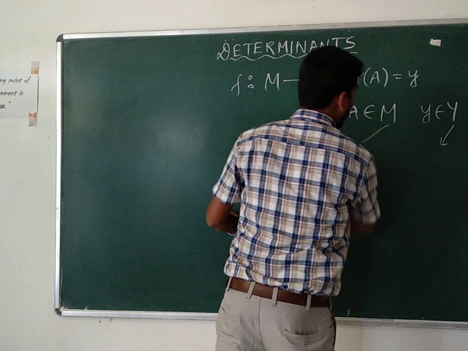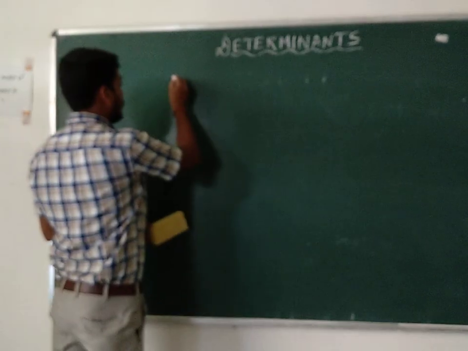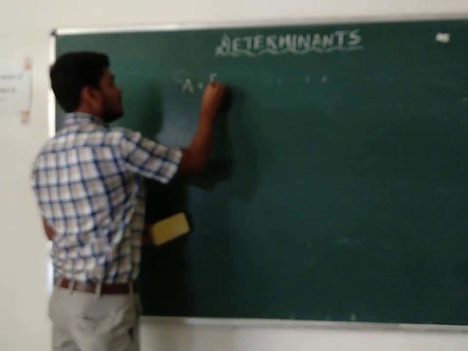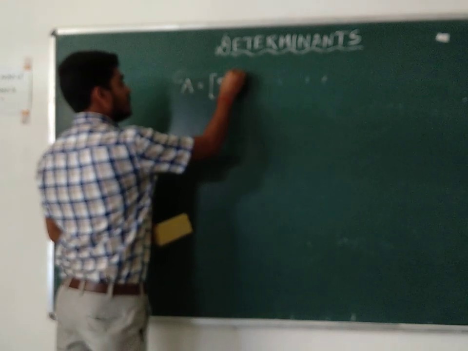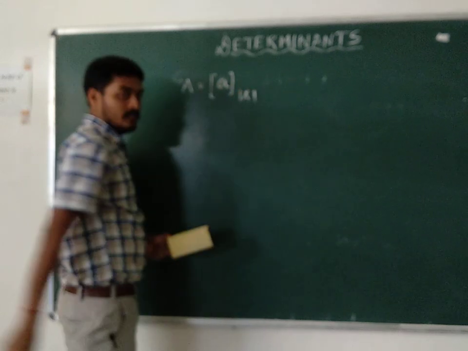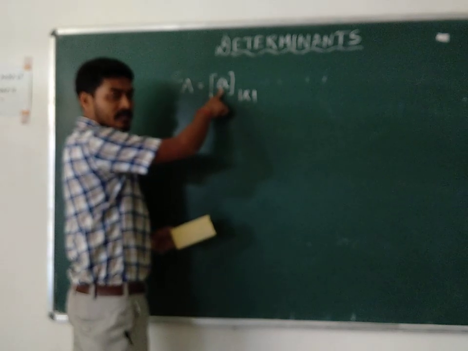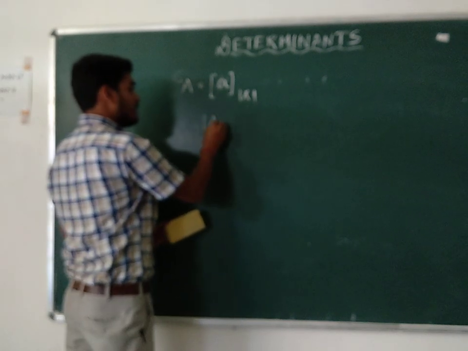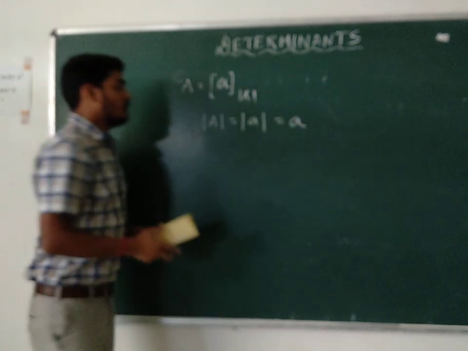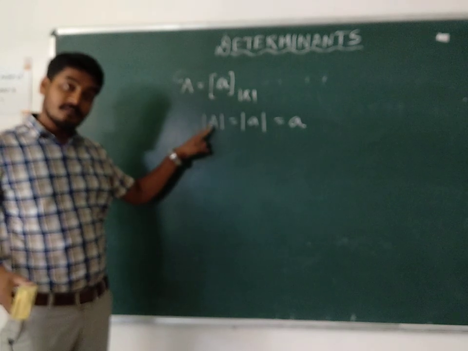Now we are going to find the determinant of a square matrix of order 1 by 1. Let us consider matrix A, suppose 5, which is of order 1 by 1. A is any scalar quantity, maybe positive or negative. Then the determinant of A is equal to A. For any square matrix of order 1 by 1, the determinant value is the element itself.